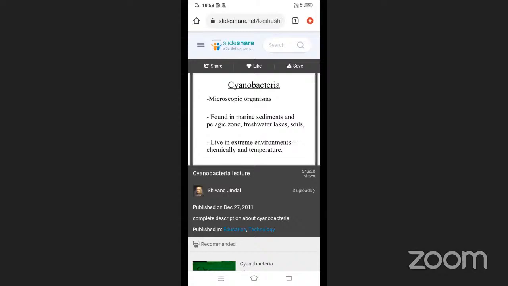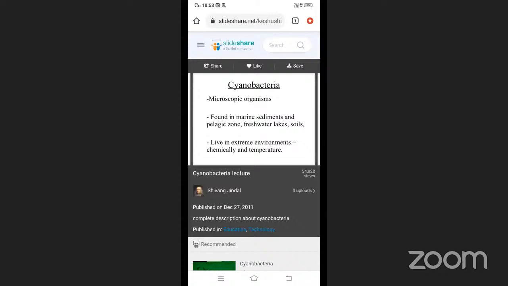The remaining cytoplasm is there. Some cells are modified as hormogonia, which participate in reproduction.